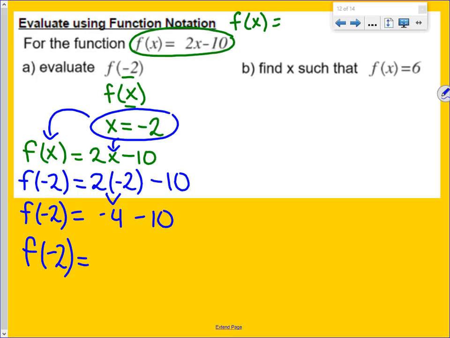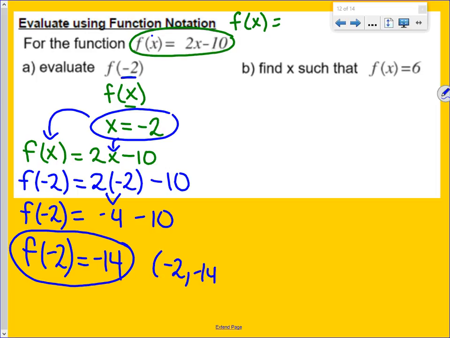So f of negative 2 is negative 14. This function's value when x equals negative 2 is negative 14. We could write that as a coordinate point, an ordered pair of negative 2, negative 14. We're saying that when x is negative 2, y, or f of x, is negative 14. Remember, f of x is just another way of representing y.